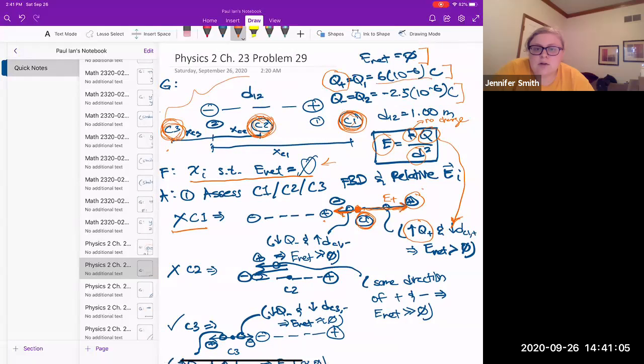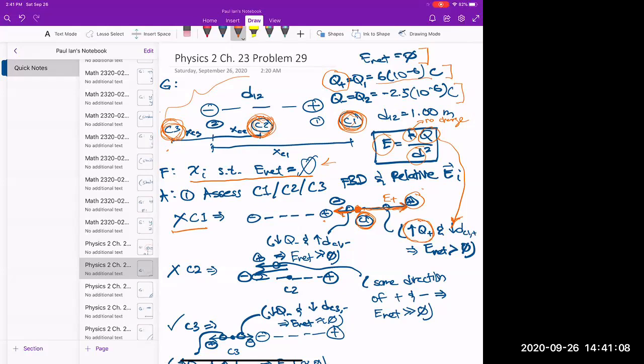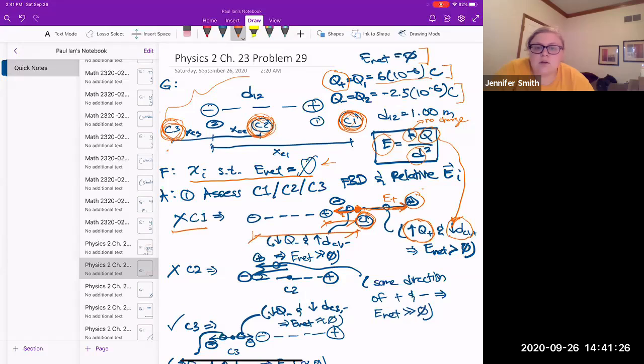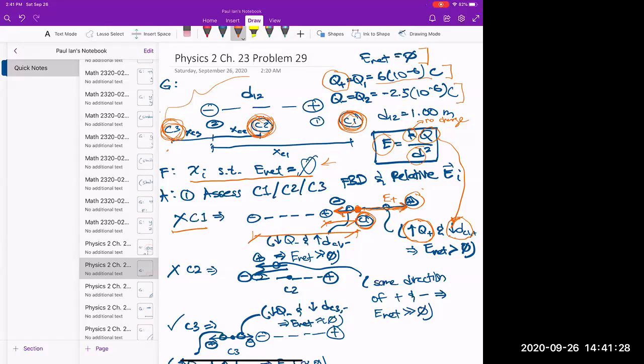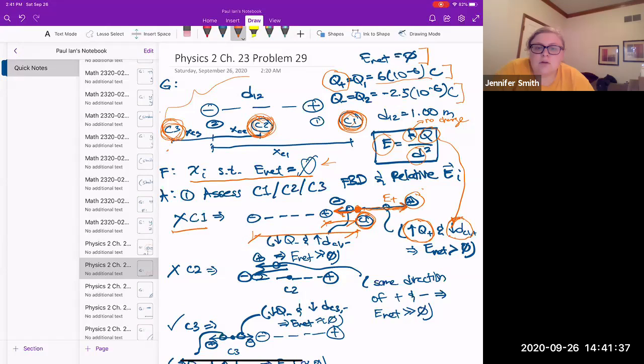And the closer they are, or the lesser the distance. The distance to the positive is always going to be relatively smaller than the distance to the negative, right? Yes. So that's why this is lesser.